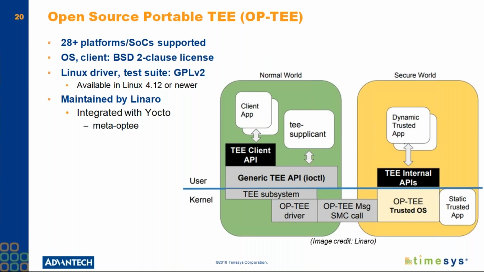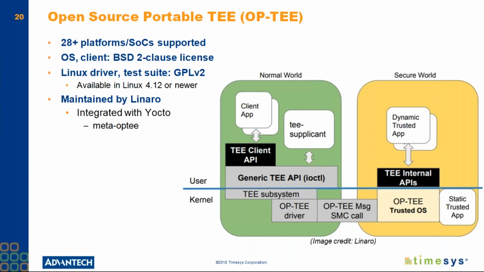So why OP-TEE? It's an open source, tiny operating system, mainly focused on security, which helps you achieve a trusted execution environment. It supports more than 28 different platforms and SoCs. There are multiple i.MX6 boards already supported by OP-TEE.